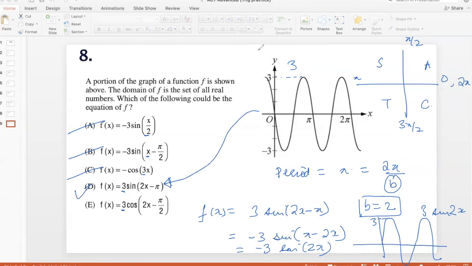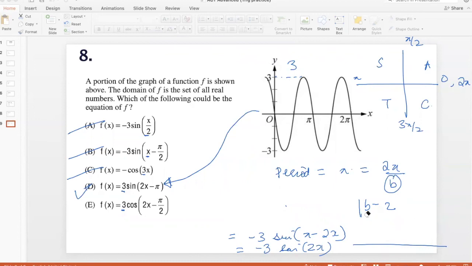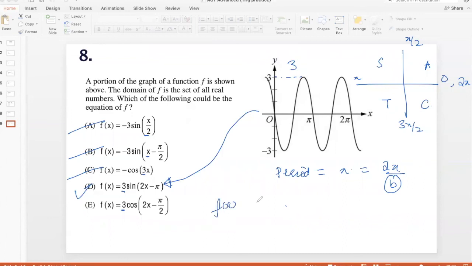Okay, let's work with option E now. So in option E, I need to plot f(x) is 3 cos (2x minus pi by 2). Now, since cos is an even function, I can simply write this as 3 cos (pi by 2 minus 2x).